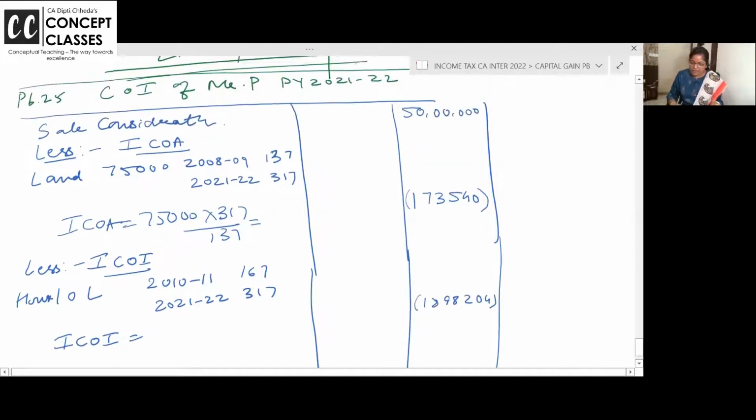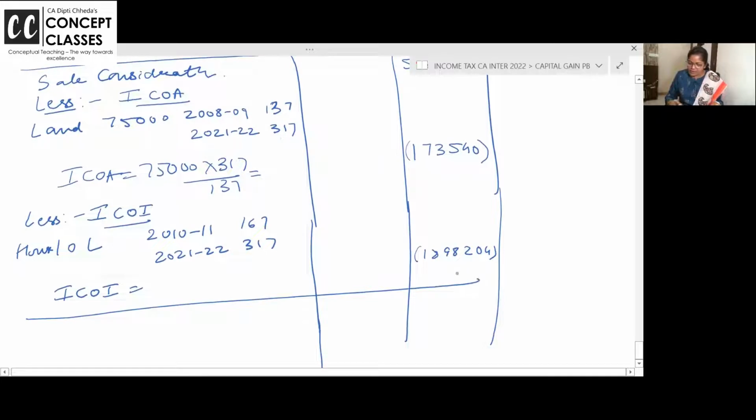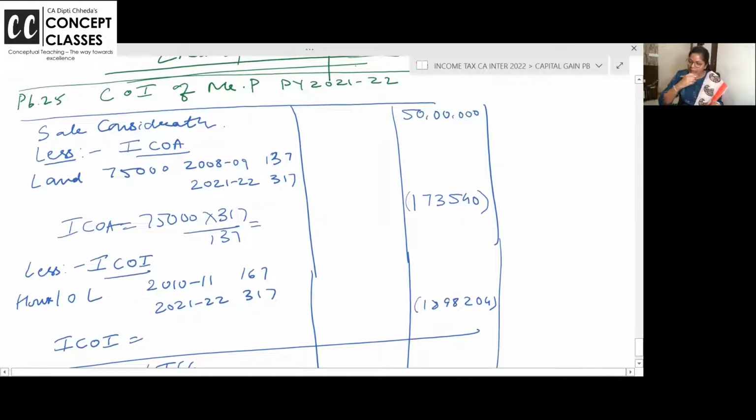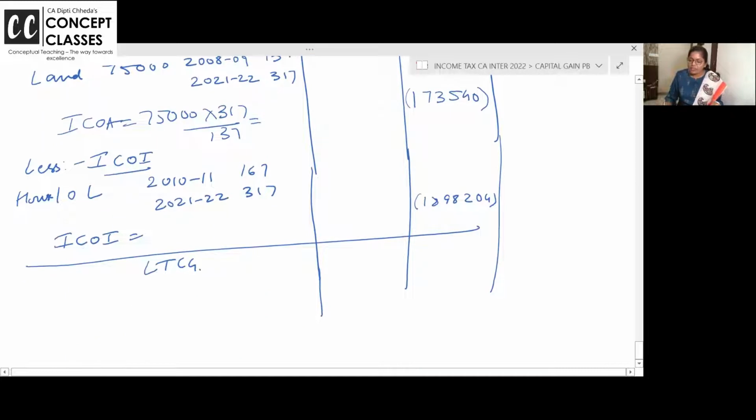That is 18,98,204. Done. So this is all the long-term capital gain. How much is coming? Write your answer.